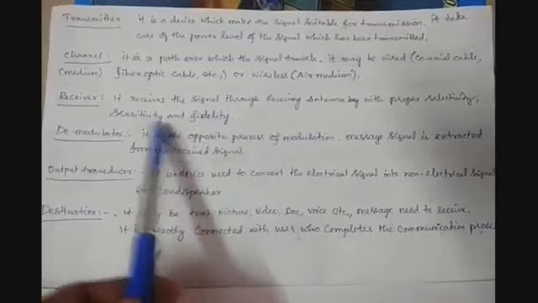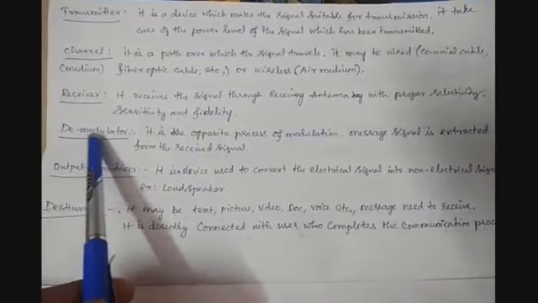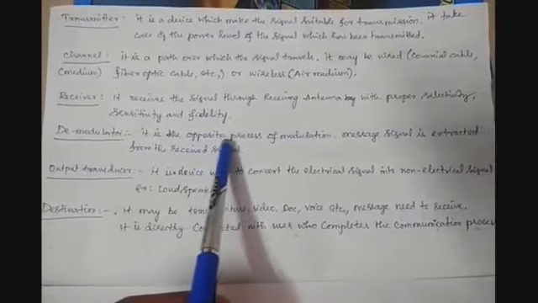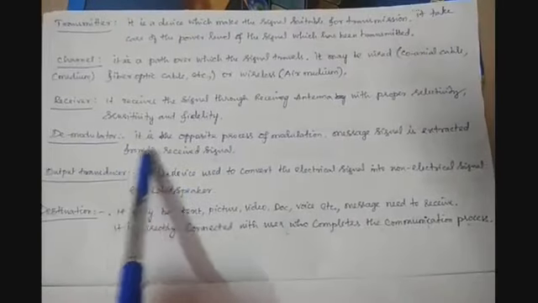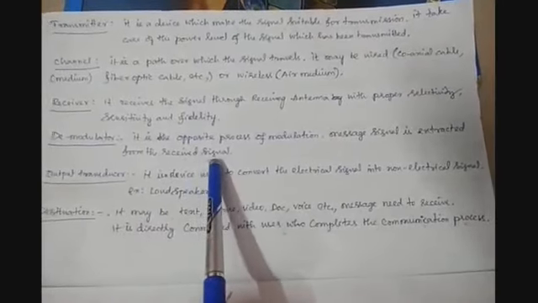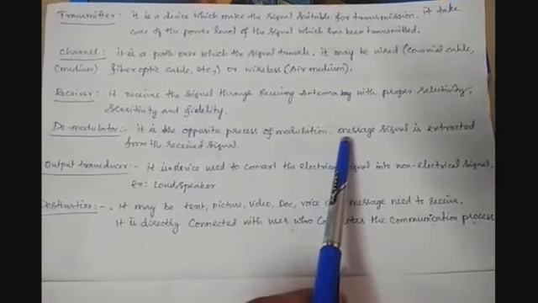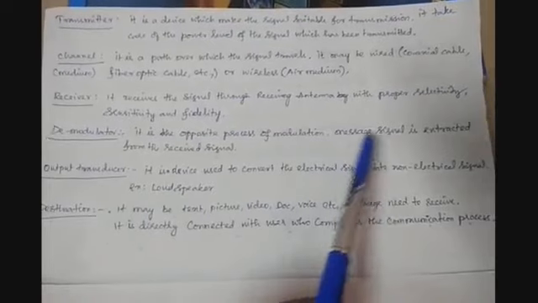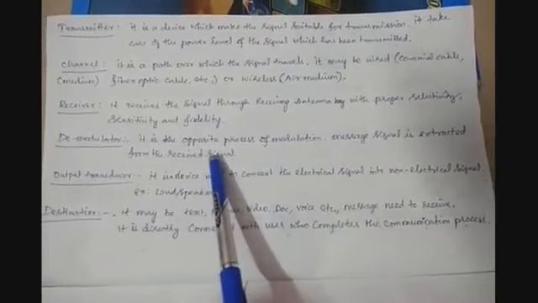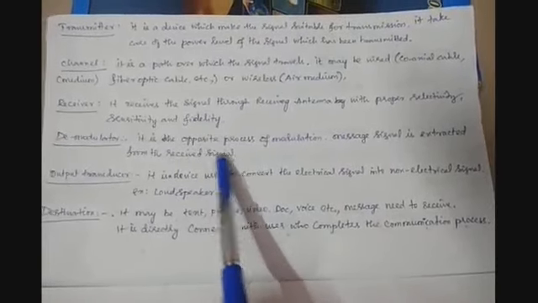That is the meaning of these three. Demodulator is the opposite process of modulation. The message is extracted from the received signal. See, initially the message is modified. In the demodulator, the message is again extracted from the received modified signal, right?